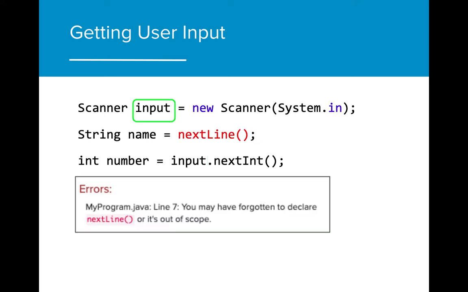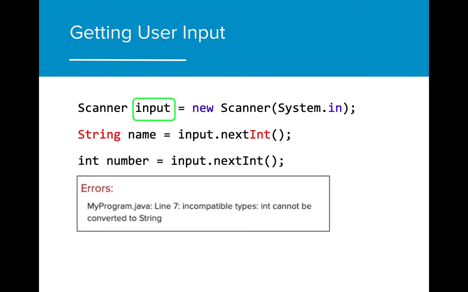If you do not include the variable name, it will cause your program to throw an error, as it does not recognize the command without the Scanner variable. The data type you are declaring the variable as must correspond to the input type. In this case, because nextInt is being used for a String variable, the program is throwing an error.